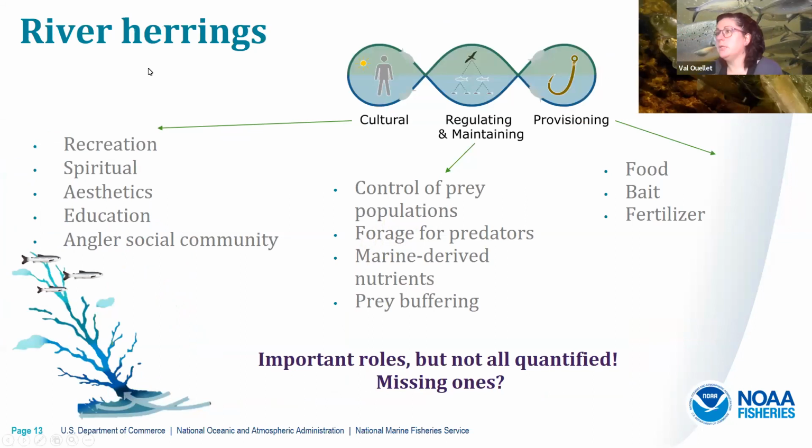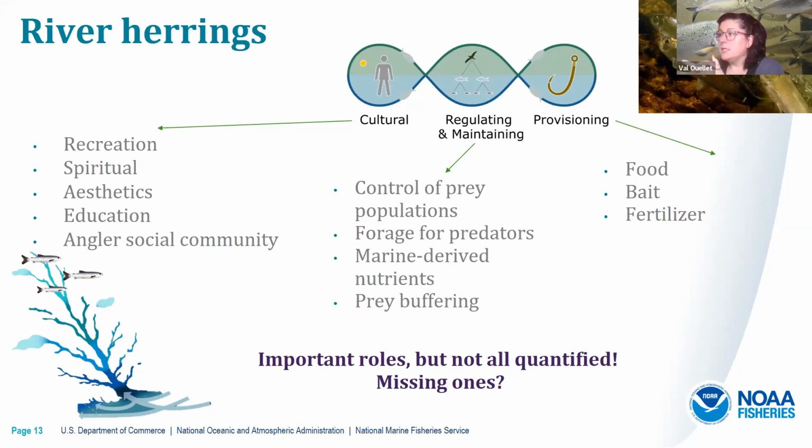Just as an example here with river herring, we know that they provide recreational opportunity, spiritual, aesthetic value, just thinking about how many activities there are around the run. People get excited to go see the fish coming into the river, and there are a lot of education opportunities. There's that social community around the fishing of the species, and a lot of scientific data.